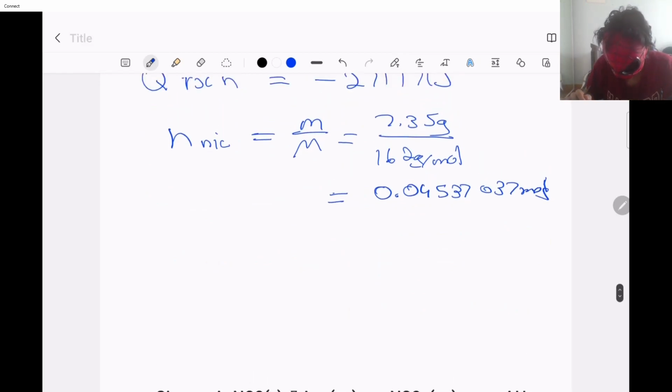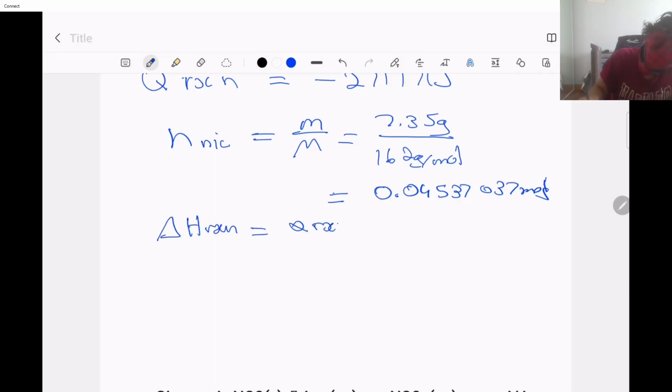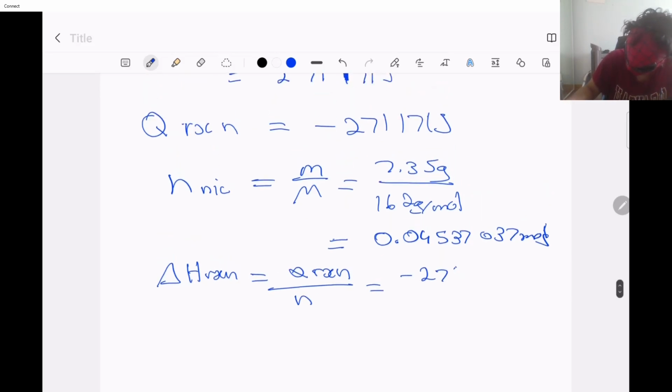Since you know the moles of nicotine, you can use this to solve for delta H reaction, which equals Q reaction over moles. Q reaction is equal to negative 271,171 joules over 0.04537 moles.